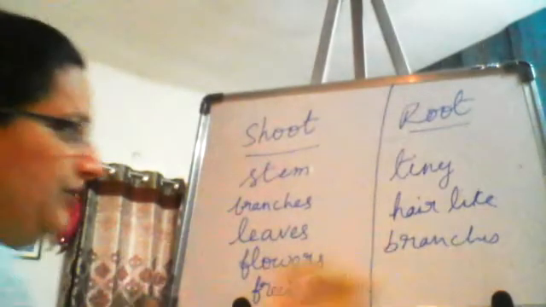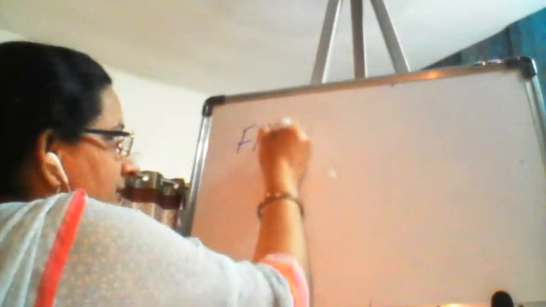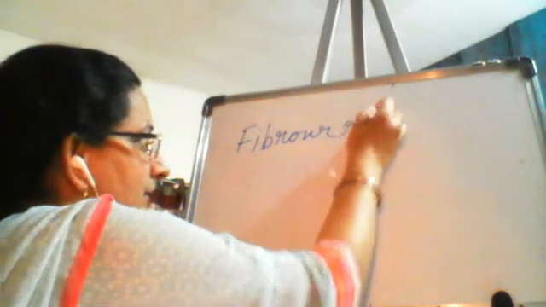So now let's again understand the root system properly. Fibrous roots and taproot. Let me draw the fibrous root and the taproot.